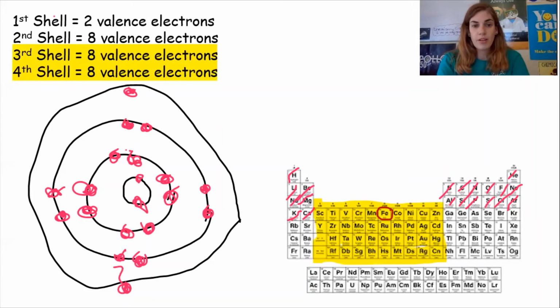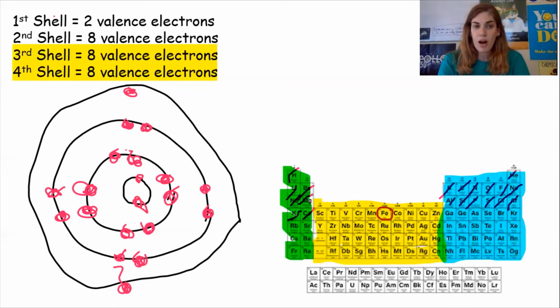The elements on the left-hand side, the alkali and the alkaline earth metals, are what's called the s orbital, and the elements on the right side of the transition metals are what's called the p block orbitals, and those behave normally, we just go through. But when we get into these D block orbitals, the transition metals, they don't want to be valence electrons. They go into the inner circle.